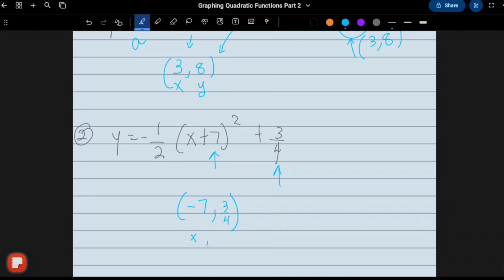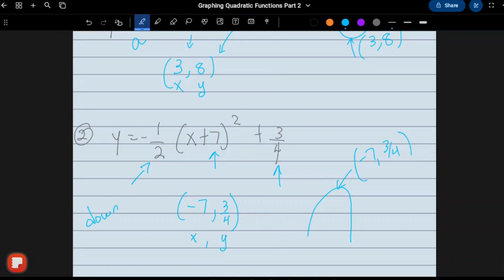This represents my x, this represents my y. Now this here is negative 1 over 2, that's less than 0, so we know it is going to face downwards. So my parabola will face downward, and the vertex will be at the point negative 7, 3 over 4.